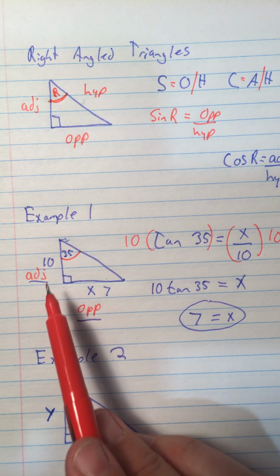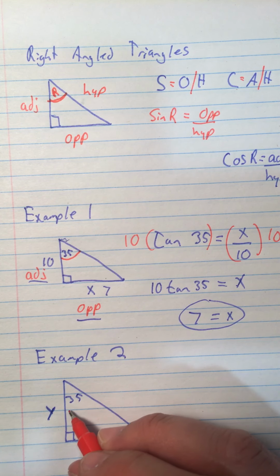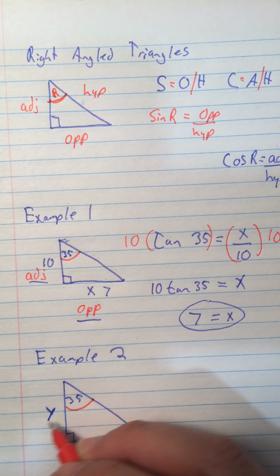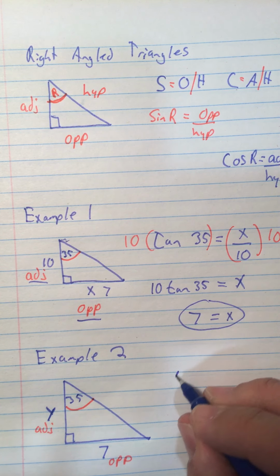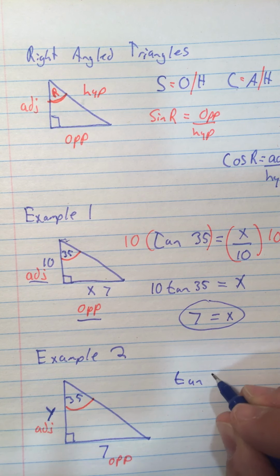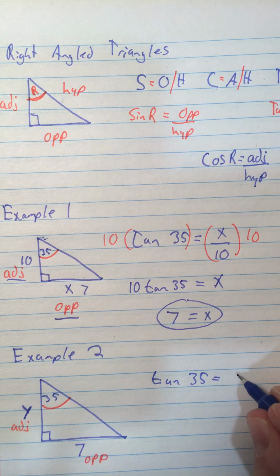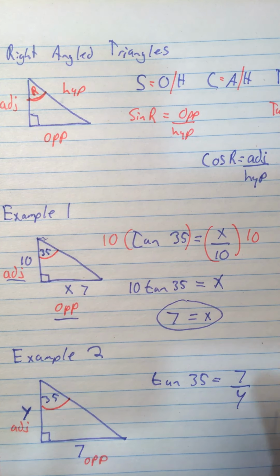We know that the answer should be 10, but this is the tricky part. Reference angle, my opposite, my adjacent, and again, I'm going to be using tan. So now I have tan 35 is equal to my opposite, which is 7 over y.